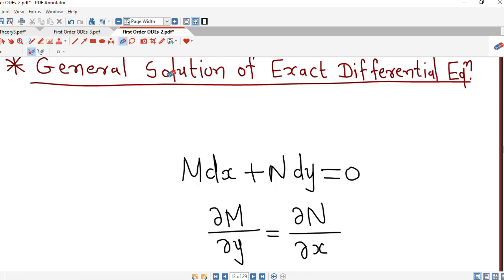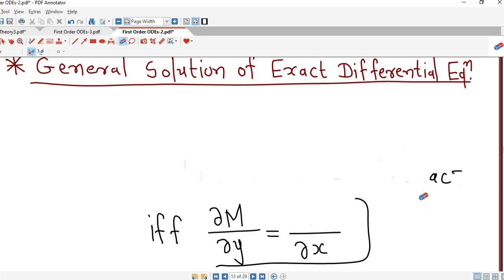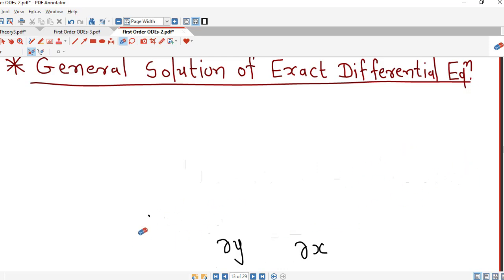So if our differential equation is exact, this condition will be satisfied, and if this condition is satisfied, our differential equation is exact. This is an if and only if condition. Therefore, it is known as the necessary and sufficient condition for a differential equation to be exact.